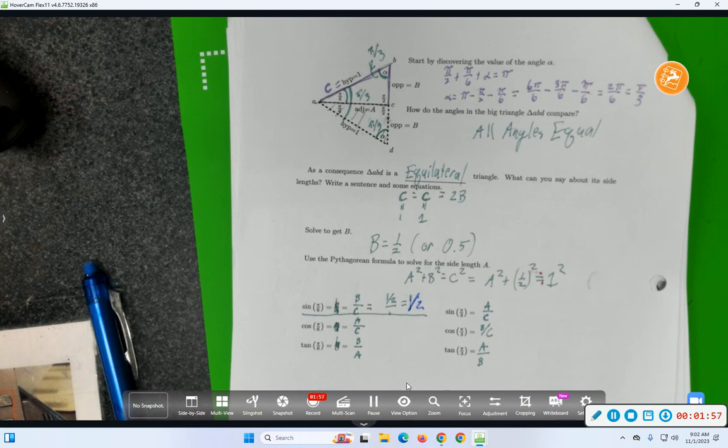Do you know the hypotenuse? So which trig function do you know? Yeah, you know cosine. So what is cosine of pi over 3? Well, it'll be adjacent 1/2 divided by 1. 1/2 divided by 1 is 1/2. Cosine of pi over 3 is 1/2.